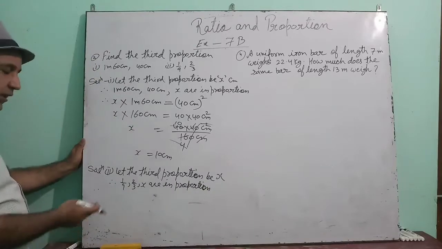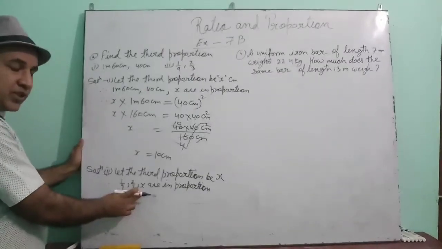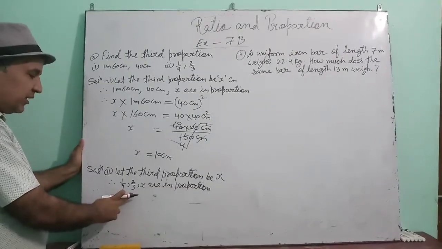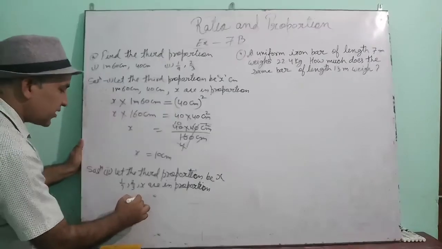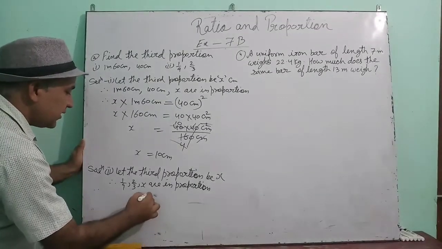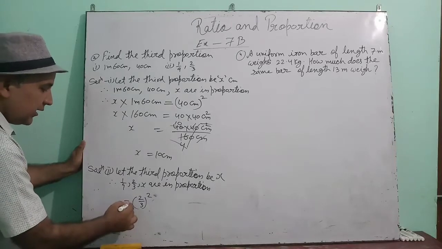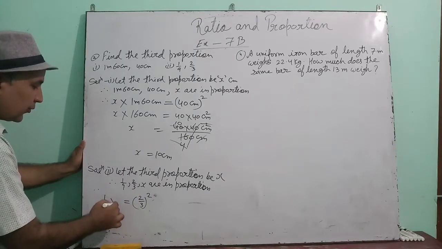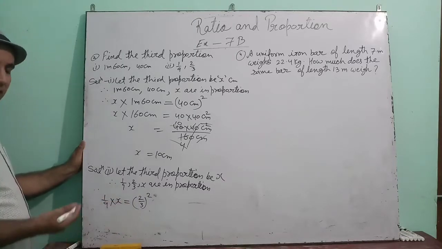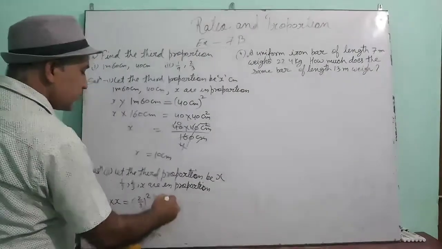And we know that if there are three terms, then square of the middle is equal to product of extremes. Now solve and get your answer. See this one.